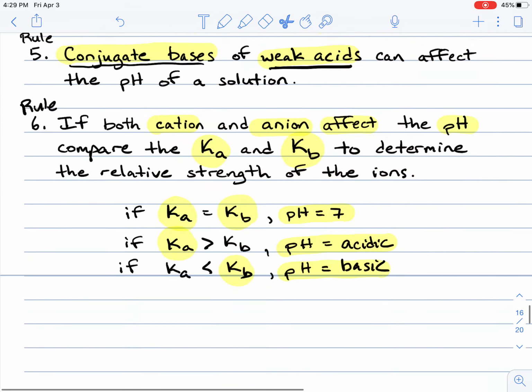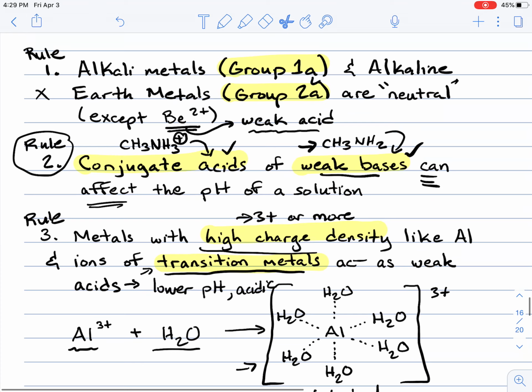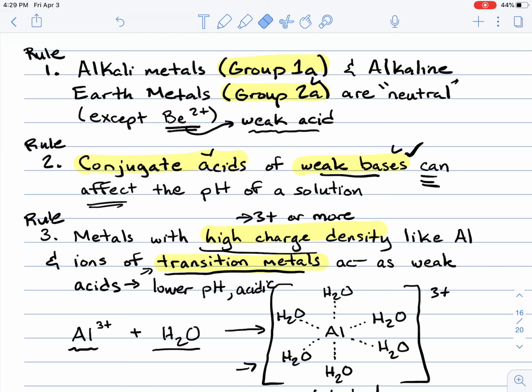Once again, I'm going to go all the way to the very top and look at these rules: Rule 1, Rule 2, Rule 3, Rule 4, Rule 5. I'm going to erase some of these items that I wrote, just so there's no confusion between what I'm discussing now and what I previously discussed.